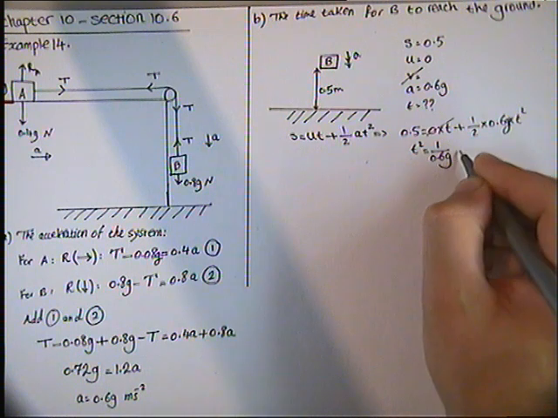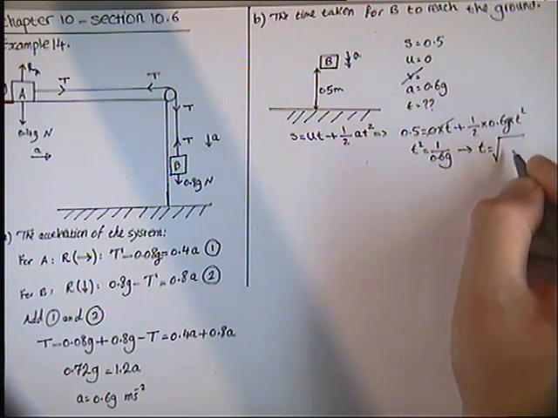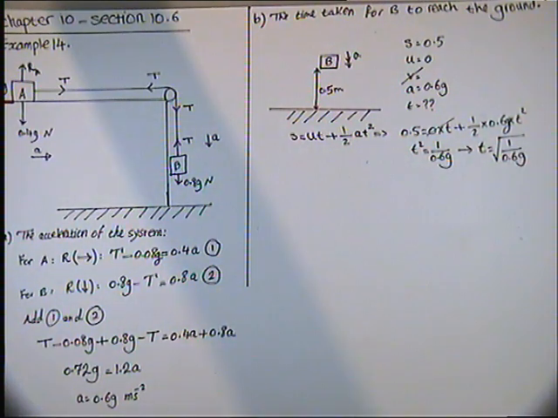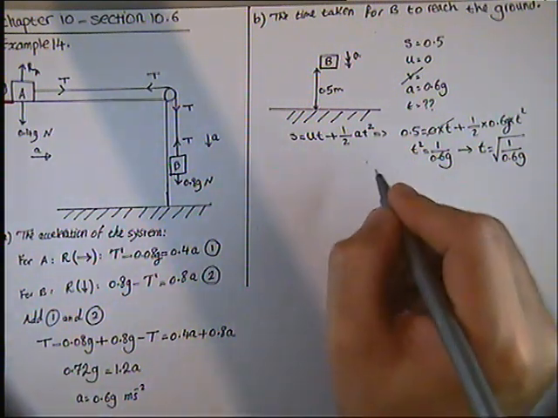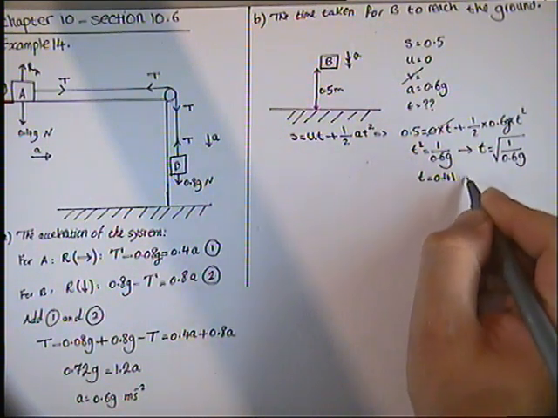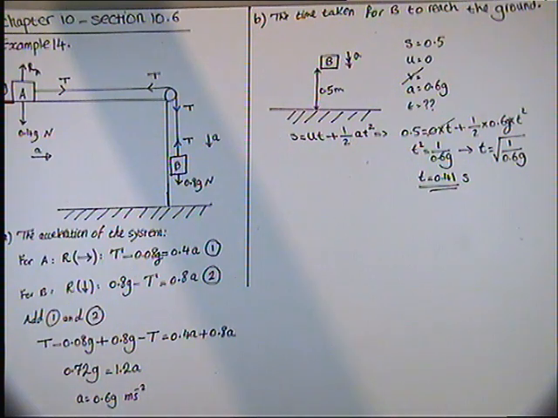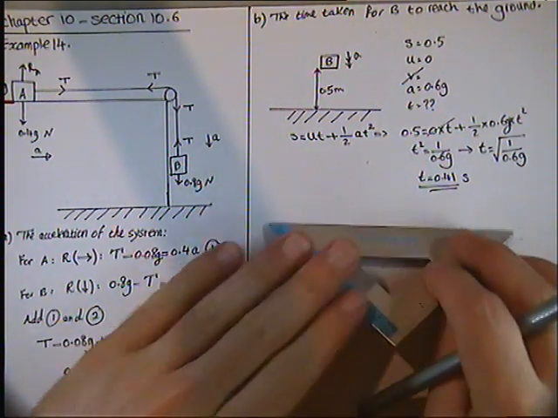Since time is positive, we square root 1 over 0.6 g. Substitute 9.8 for g, and you should get t equals 0.41 seconds. So that's the end of part B.